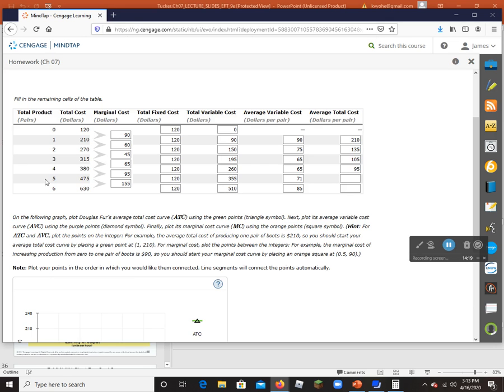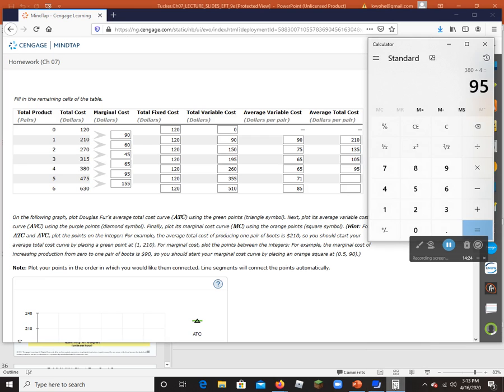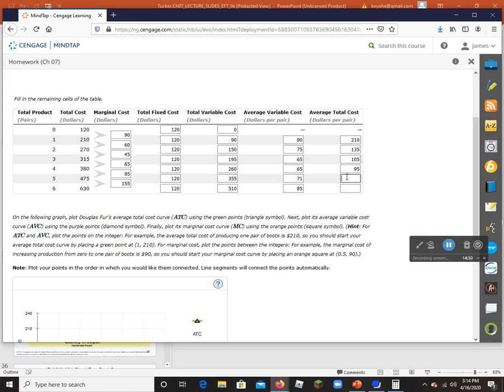We produced 5 units of output. Our total costs are $475. $475 divided by 5 units of output, and that is $95. Okay, where average total cost equals marginal cost, the curve flattens out and then starts to increase again as we produce an additional unit of output.